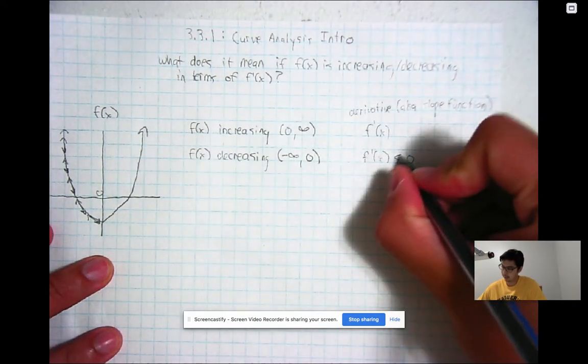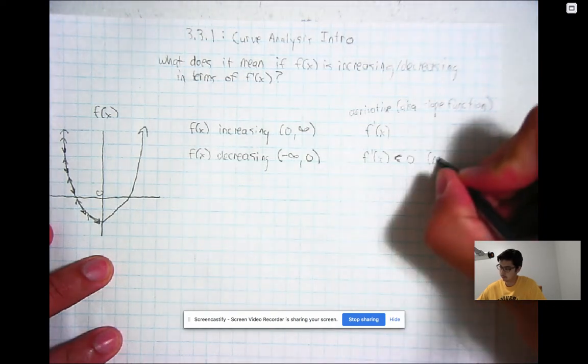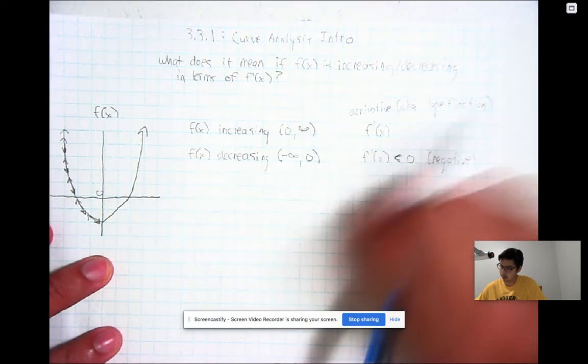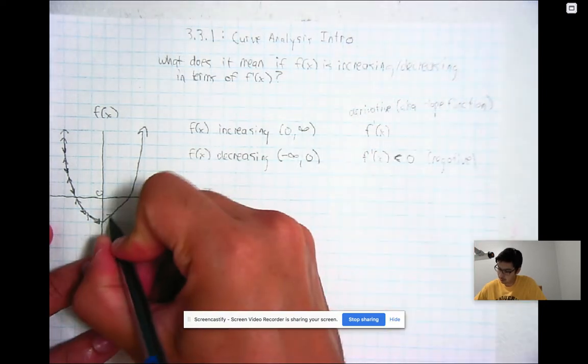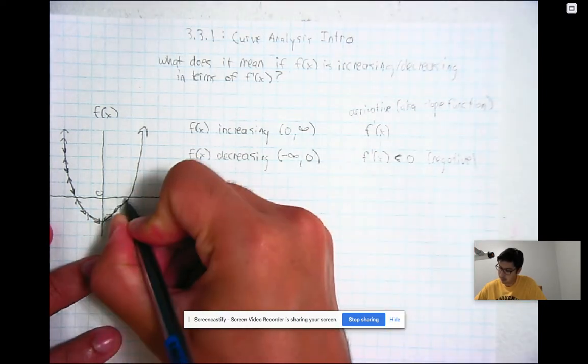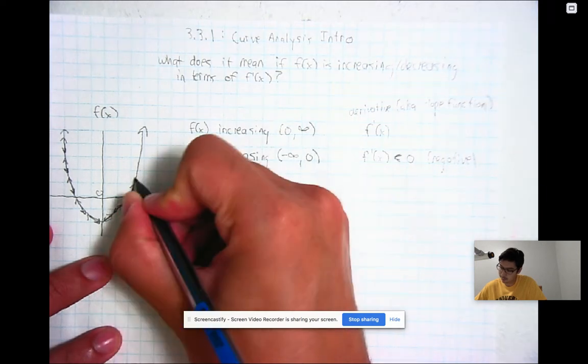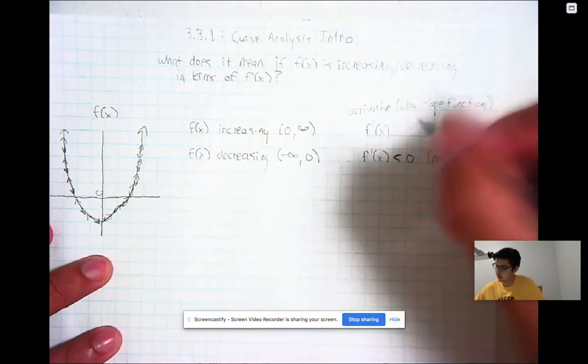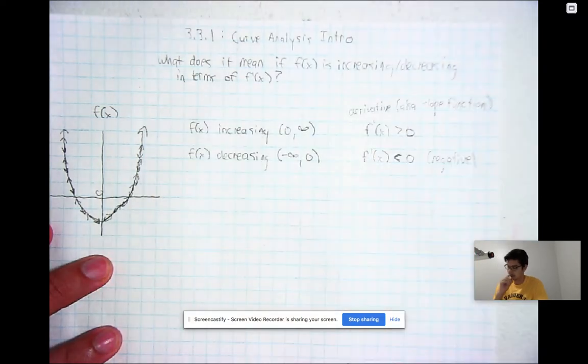It's negative. And if we look at the slopes from 0 to infinity, those instantaneous rates of change, and I know I'm only drawing a few, but the infinitely many of them here are all positive. So f prime of x is positive.